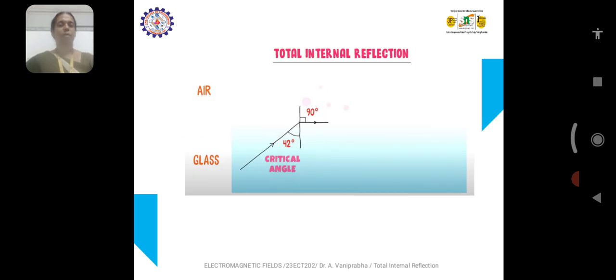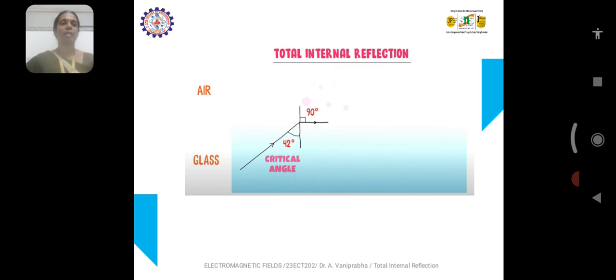Right? So the next is total internal reflection. We know what a reflection is. Whenever a light ray is incident on a medium, it reflects back, right? So here, what is total internal reflection? Here we have to consider the critical angle also for better understanding. Again, two media are taken for consideration, air and glass.